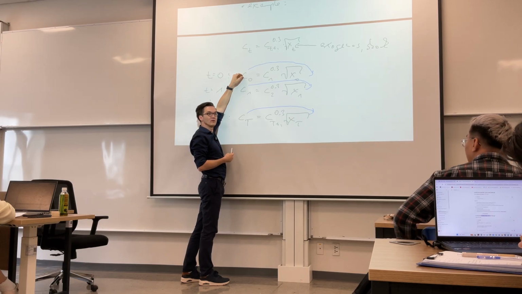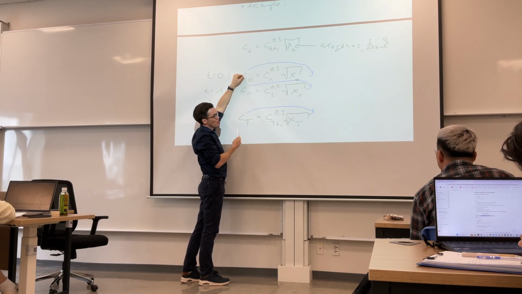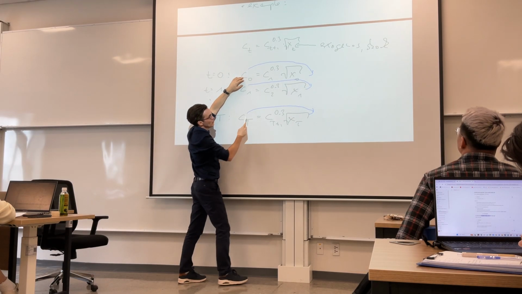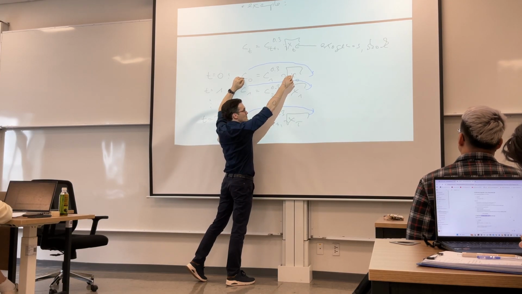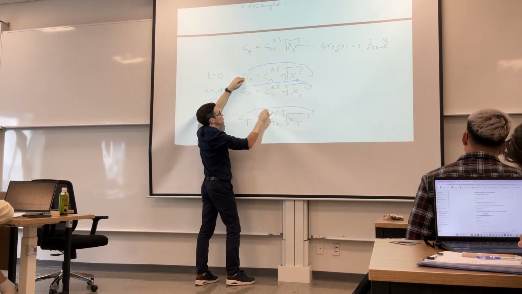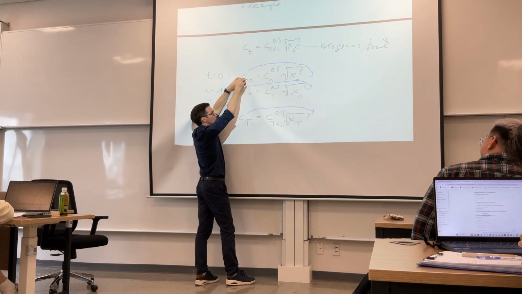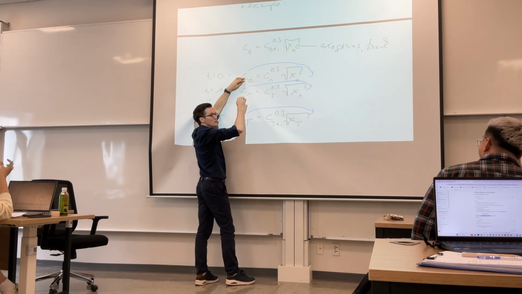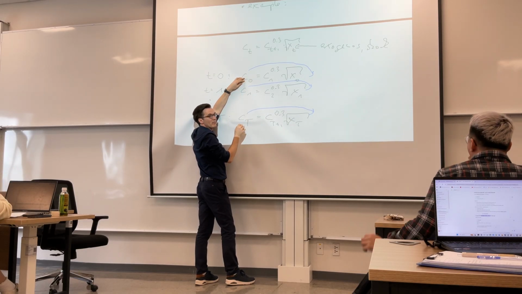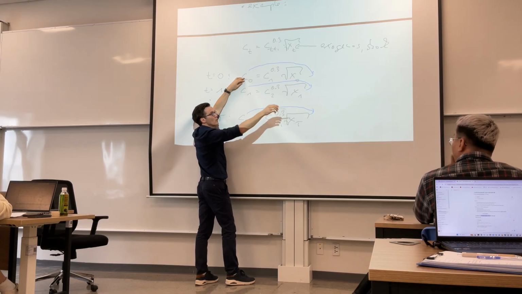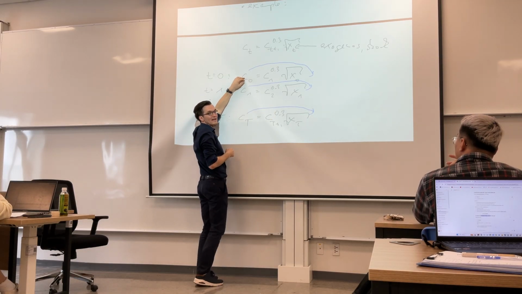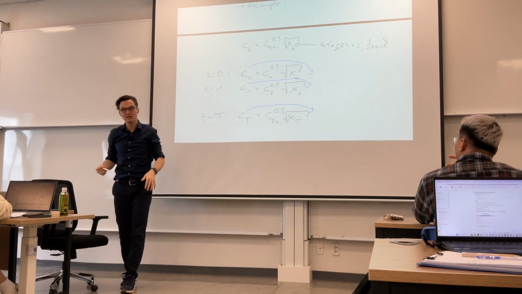That's what's going on. Conditional on a time path for x, it's trying out different values for C0, C1, C2, C3, C4, up to C_T, so that all these equations hold. That's the key. That's the solver idea.